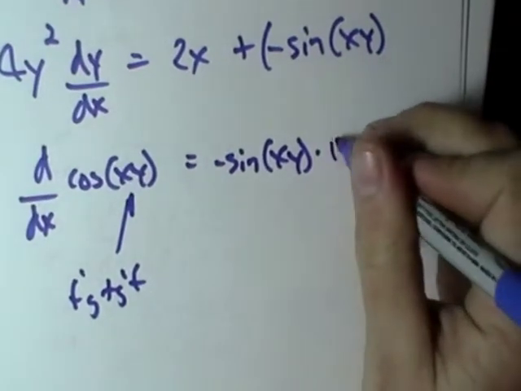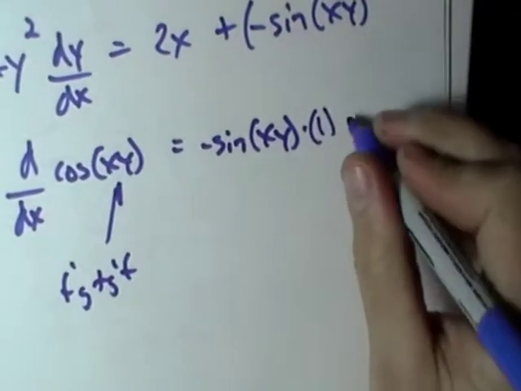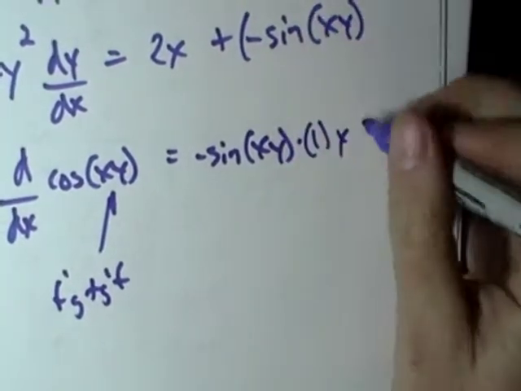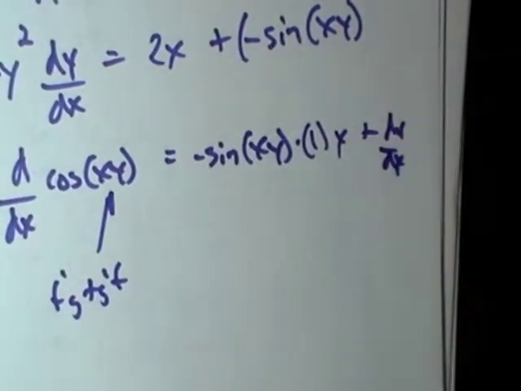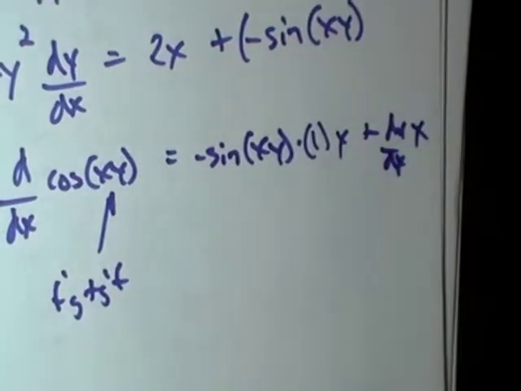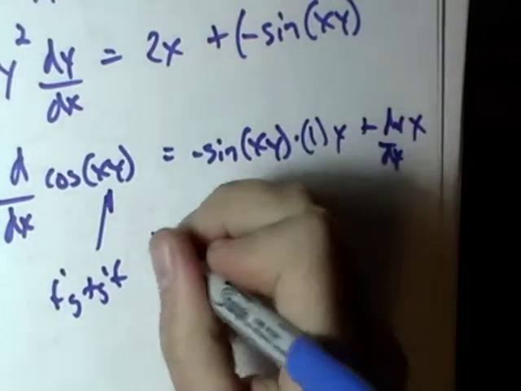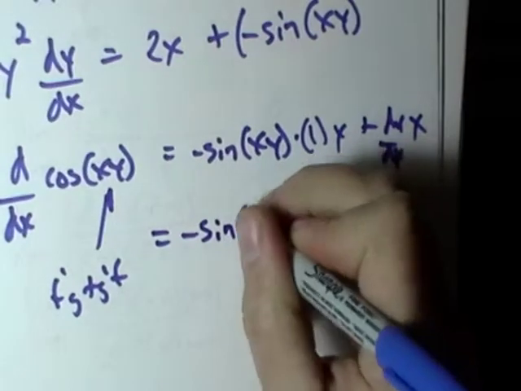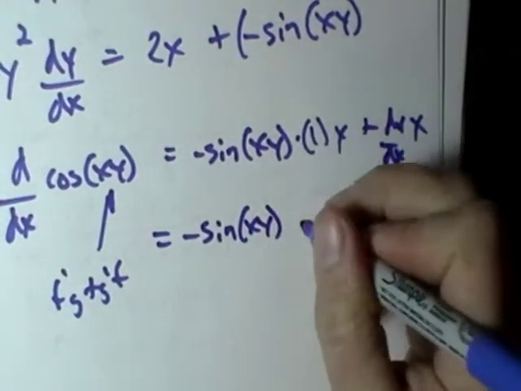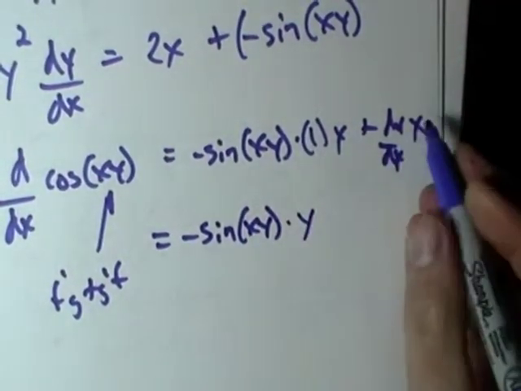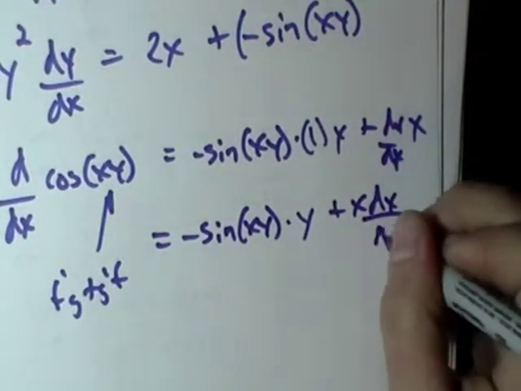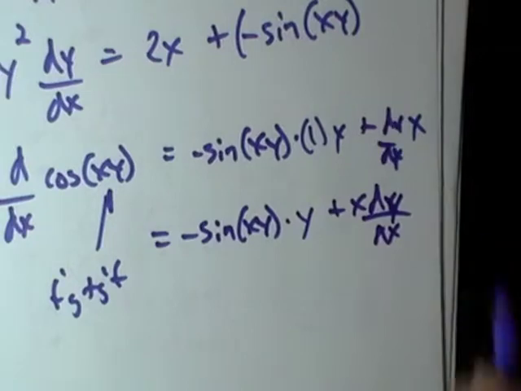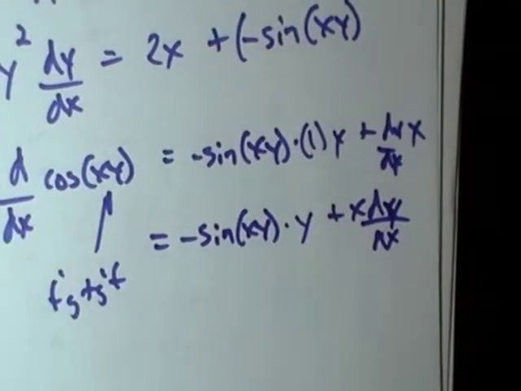So derivative of f, that's 1, times g is y, plus derivative of g, that's dy dx, and regular x. So this is equal to negative sine xy times y plus x dy dx. So that's where that goes.